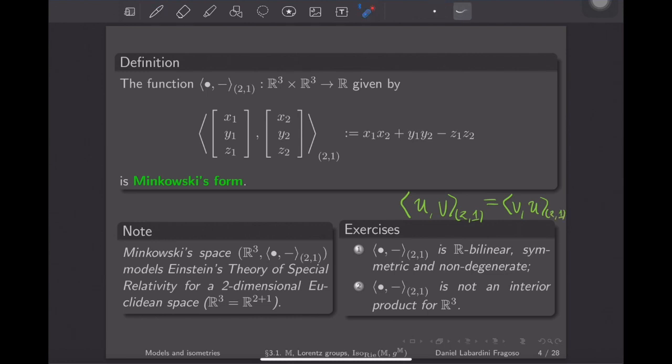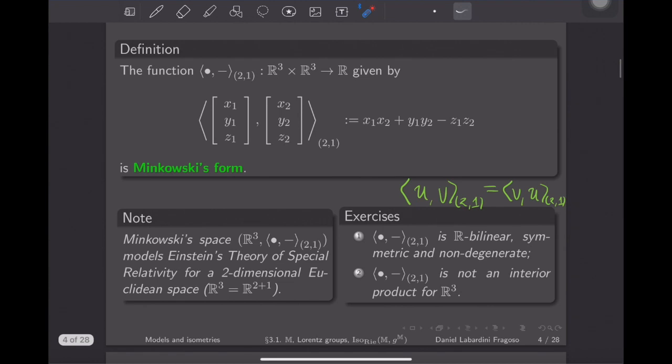By non-degenerate, what I mean is that if one vector has the property that paired with arbitrary vectors, it always gives me 0, then it's because that one was already 0. So the only vector in R3 with the property of having pairing equal to 0 for all vectors in R3 is the 0 vector. Okay? And this you can prove. It's not so hard.